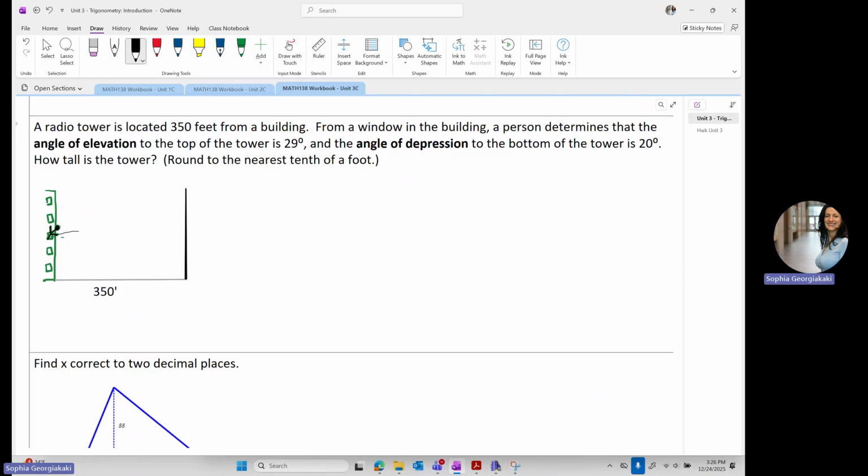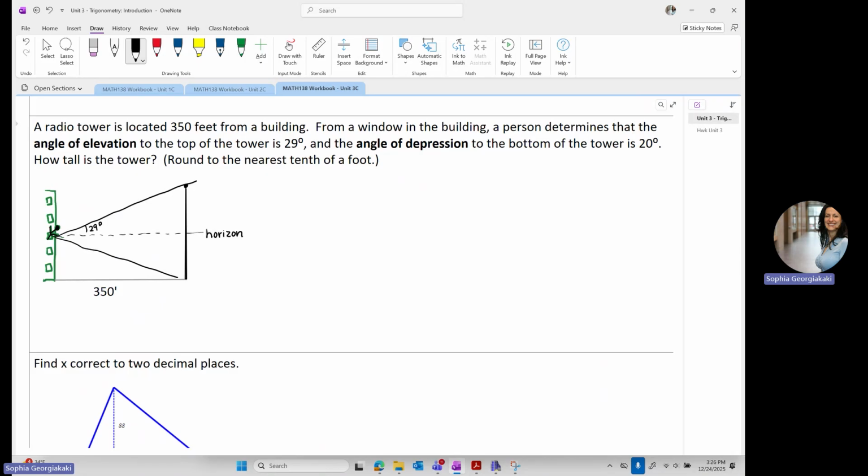So if I sketch a horizontal line, then the angle of elevation is an angle going up from the horizon, and that to the top of the tower is 29 degrees. And the angle of depression is an angle going down from the horizon.